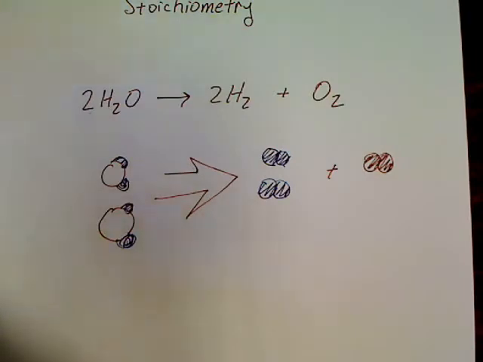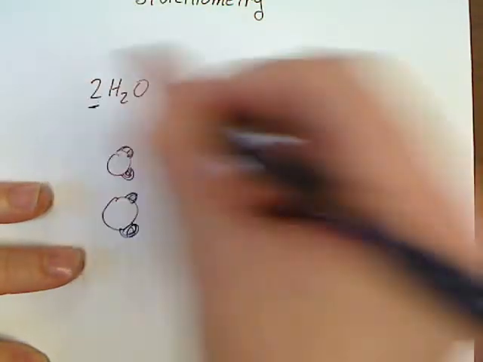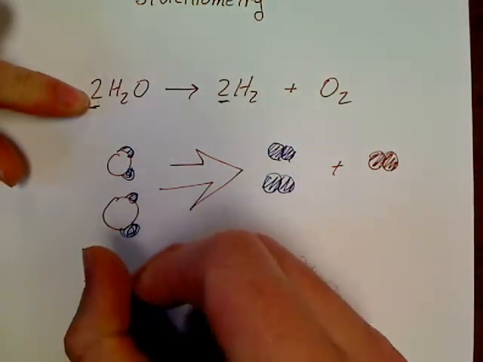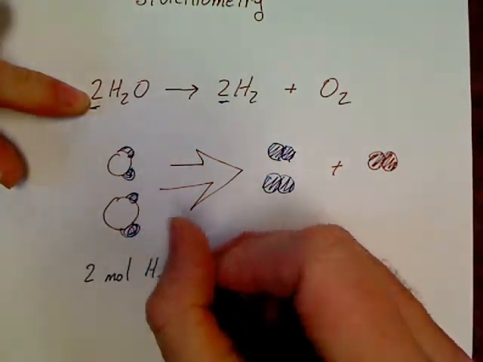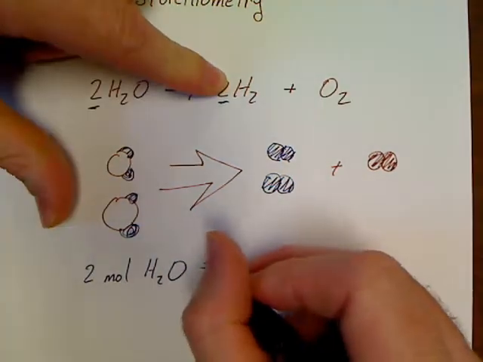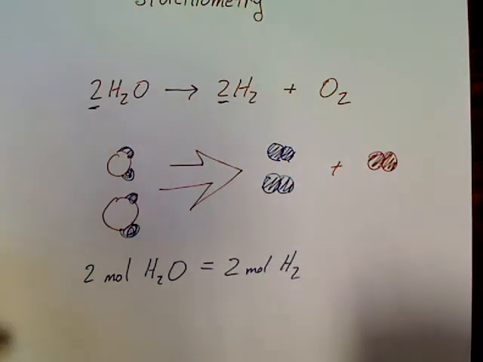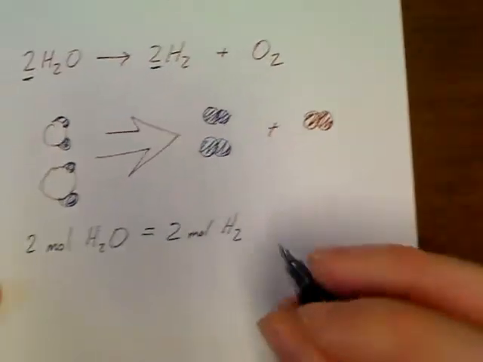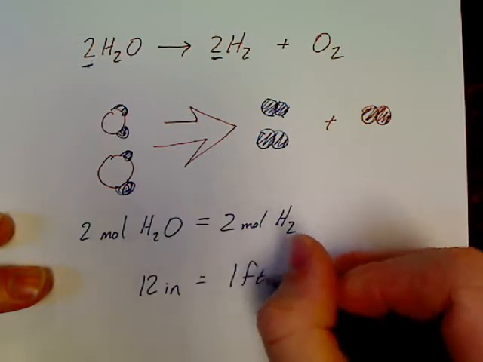But here's what it means in terms of our sense. To us, these numbers tell us moles. This tells me if I have 2 moles of water, 2 moles of H2O should make 2 moles of hydrogen gas. Doesn't this look a lot like 12 inches equals 1 foot?